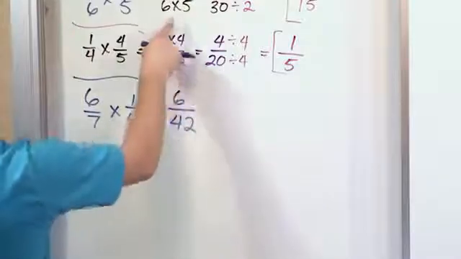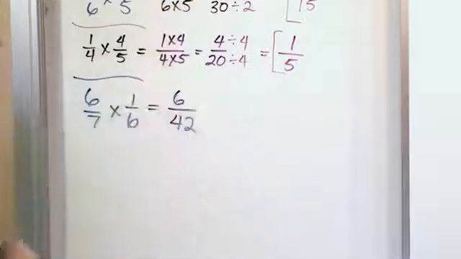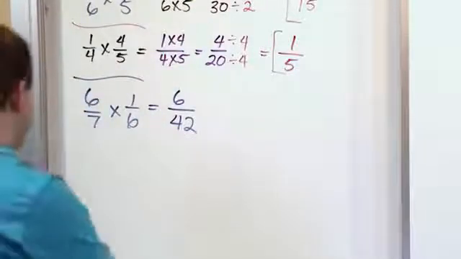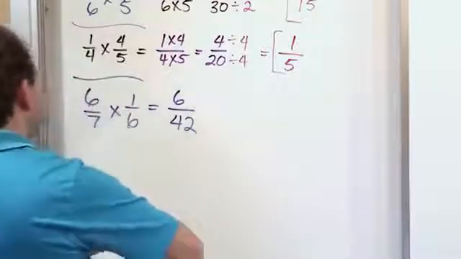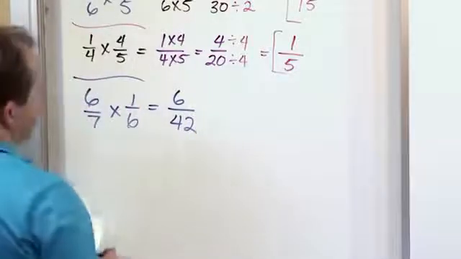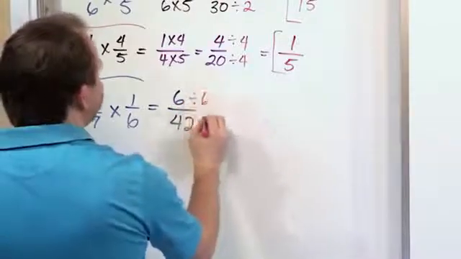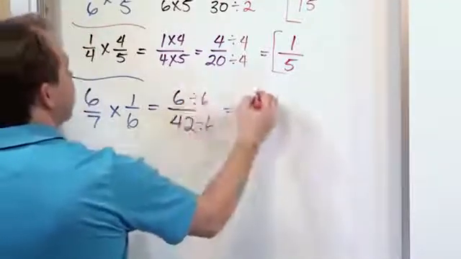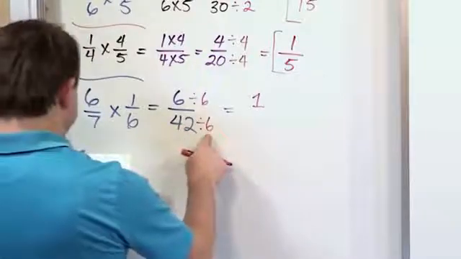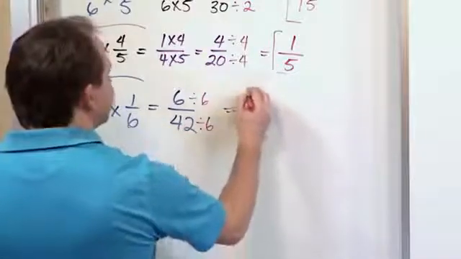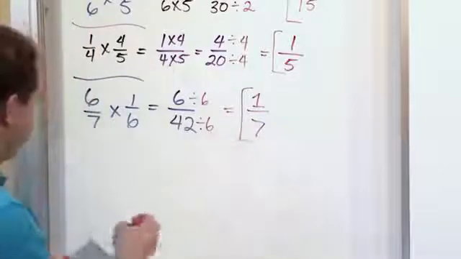So I'm not going to write this step every time. You know that you just multiply the tops and multiply the bottoms. So 6/42, that's the answer. We know that we can simplify this because we can divide the top by 6 and the bottom by 6. 6 divided by 6 is 1. 42 divided by 6 is 7. And that's the final answer for that problem.